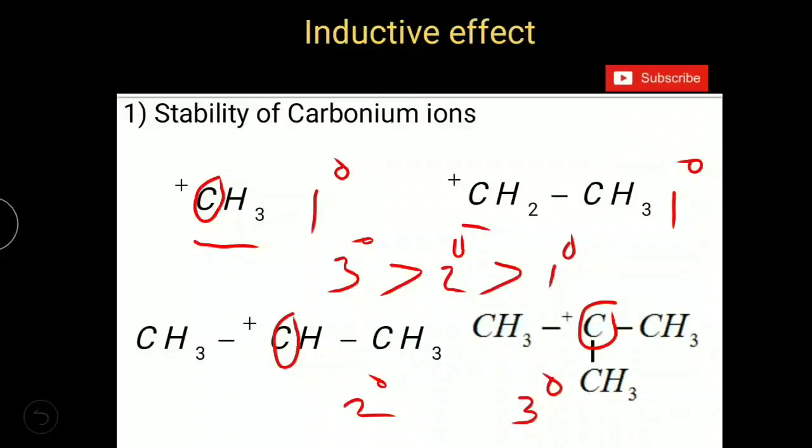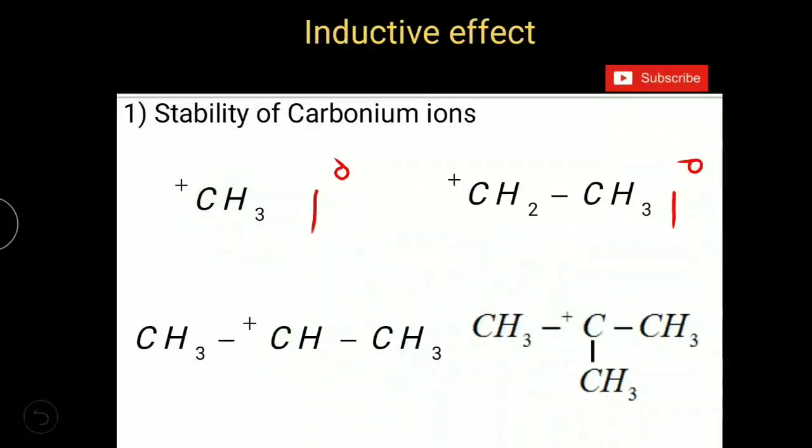Ions are reactive because of the presence of charge. And if the charge on the ion is more, then it is more reactive. If the charge on the ion is less, then its reactivity decreases and stability increases.